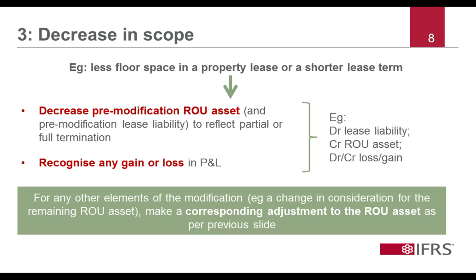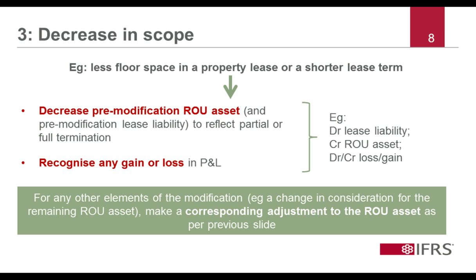Examples include a reduction in lease term or a reduction in the lessee's rights of use, such as less floor space in a property lease. In these cases, there has effectively been a termination of some or all of the pre-modification lease. Therefore, the lessee needs to recognise this termination and any gain or loss on termination.